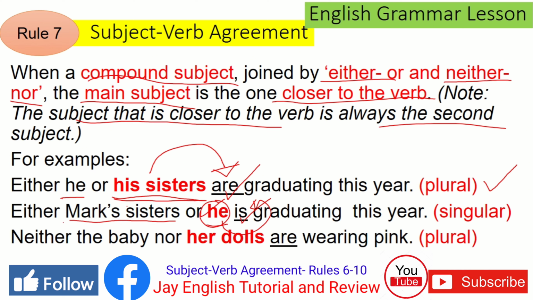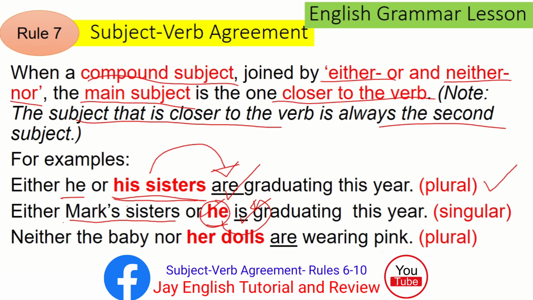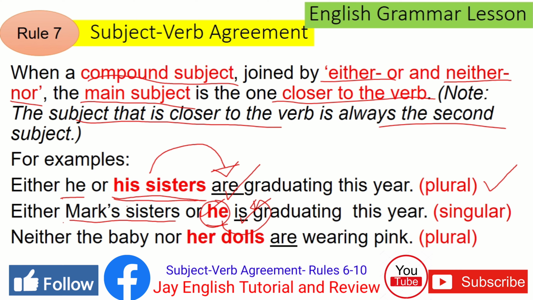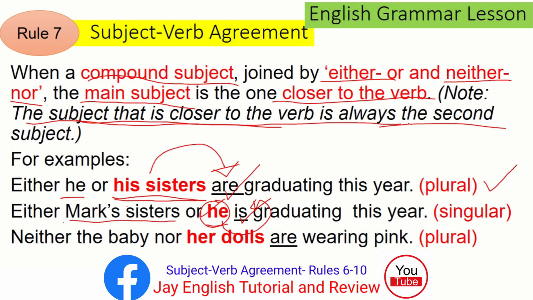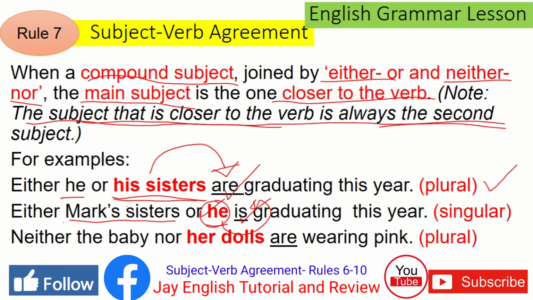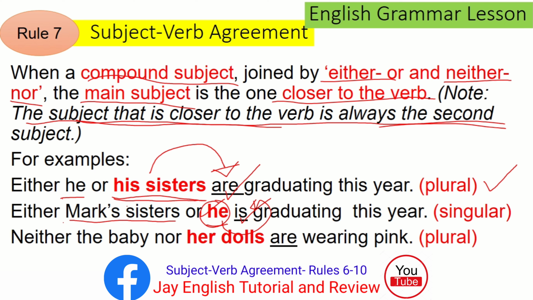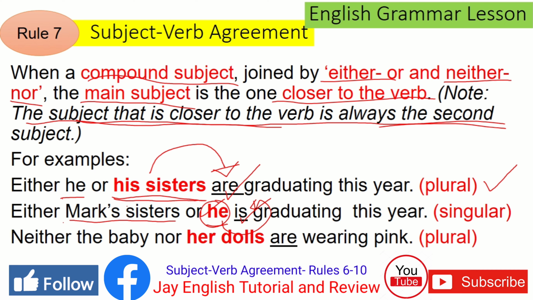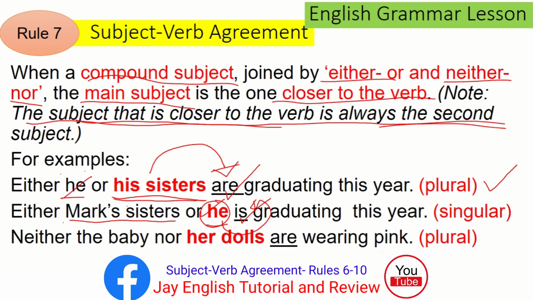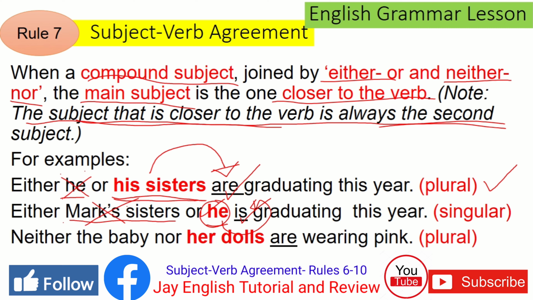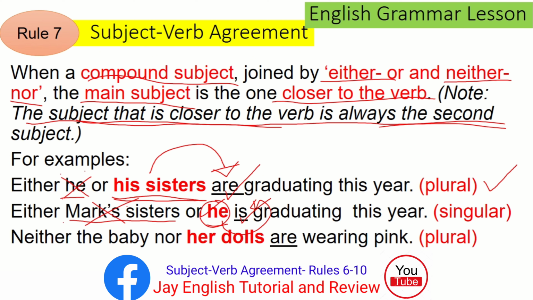If you can see earlier, "Either he or his sisters are." Let's go back to the note. The subject that is closer to the verb is always the second subject. That means don't be confused with the first subject, like "he" and "Mark's sisters," because they are not what your verb is going to agree with.